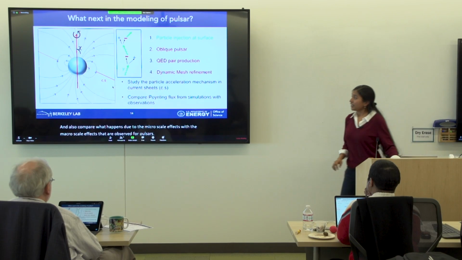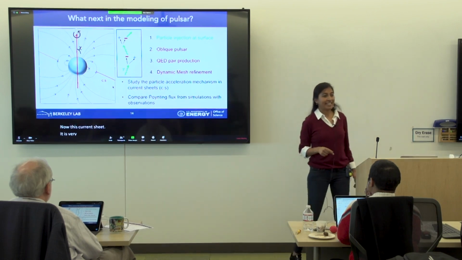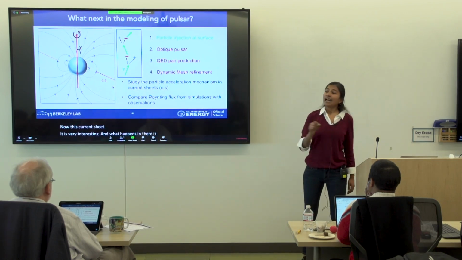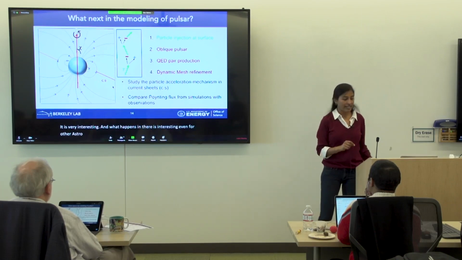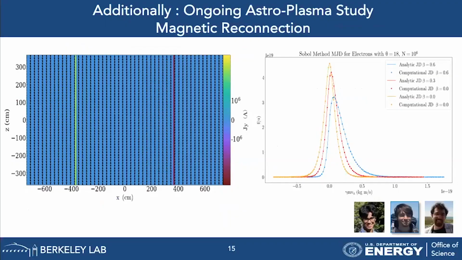Now, this current sheet is very interesting, and what happens in there is interesting even for other astroplasma applications, such as relativistic jets. And so we are collaborating with Cameron and Michael Dawn to study just magnetic reconnection, or just that current sheet, and study what the key mechanisms are by which energy is converted from magnetic field into particle acceleration.